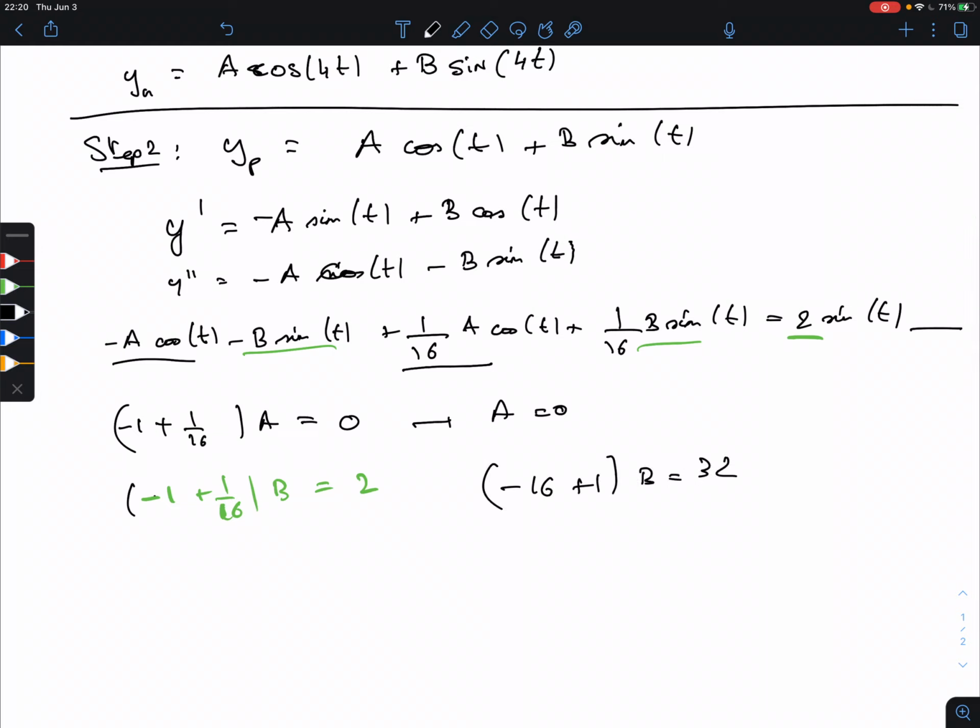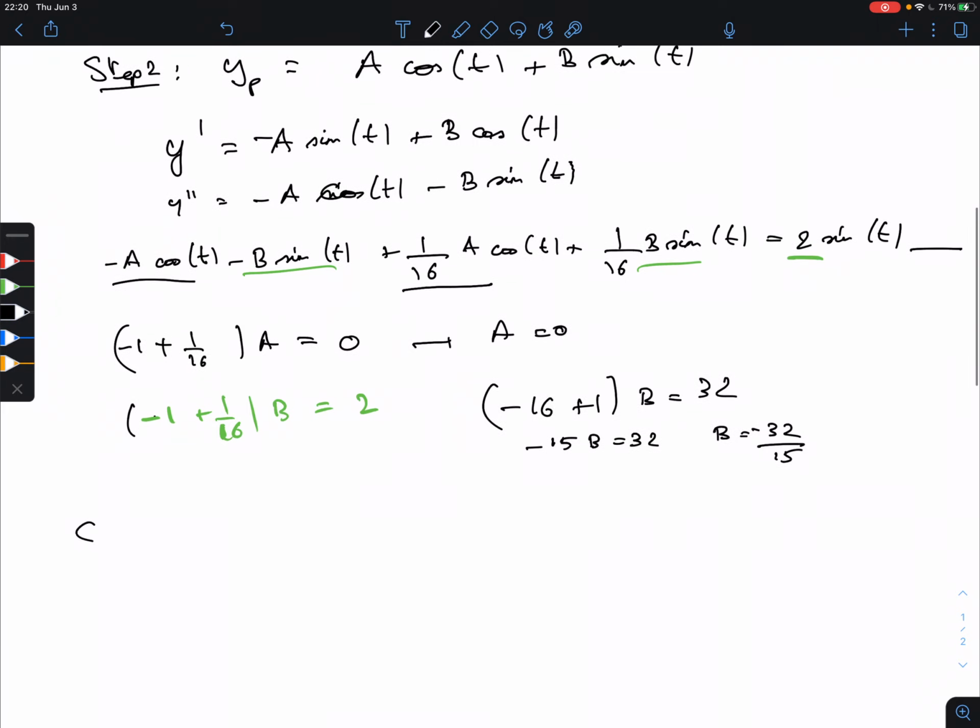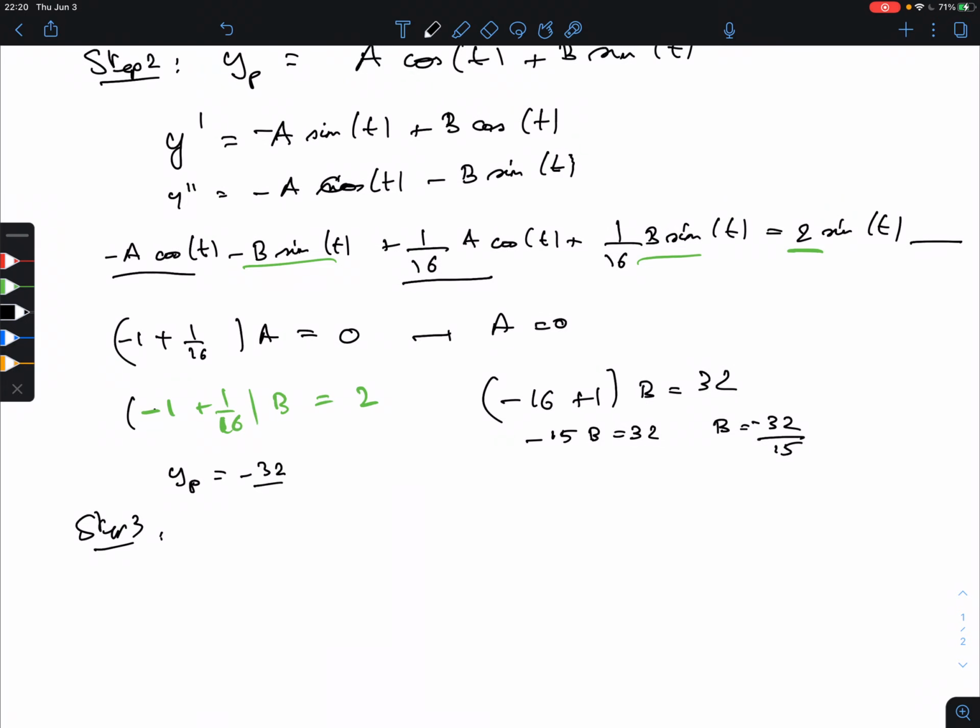So 16 minus 1, that is minus 15. B is 32, so B is minus 32 over 15. Okay, so our particular solution, let me write that one up first, is A is 0, so it's minus 32 over 15 sine t.